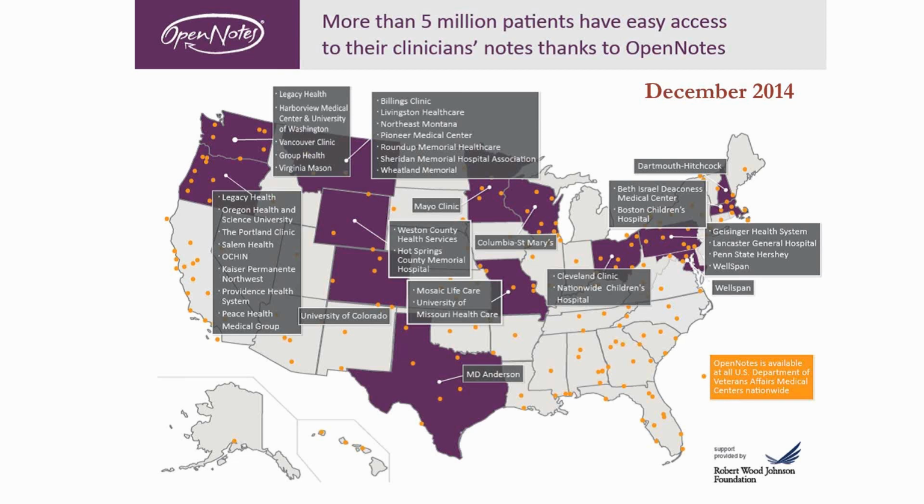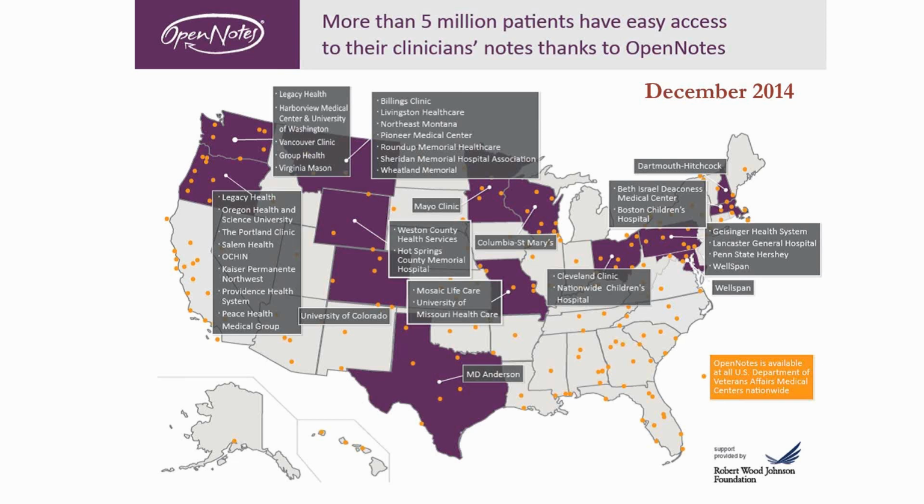So this slide shows you where we were back in December of 2014, so 4 years ago. Dr. Chen and I are the co-chairs of what we call the Northwest Open Notes Consortium, which my nonprofit helped get going.